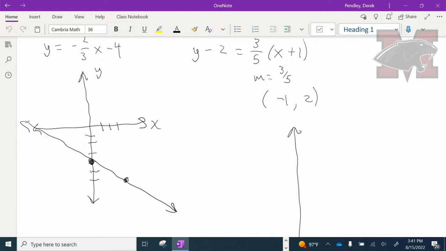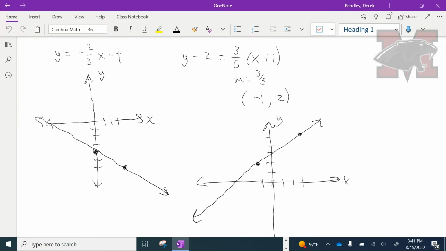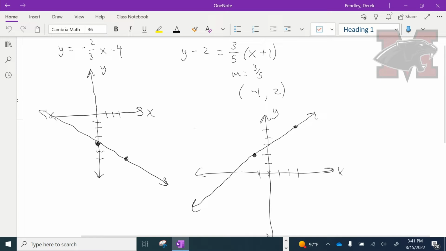So if I start with the point negative 1 on the x, 2 on the y, that gives me my starting point, and then I go up 3 over 5, and this gives me my line. Remember to add the arrows so that you're showing that it keeps going on forever.